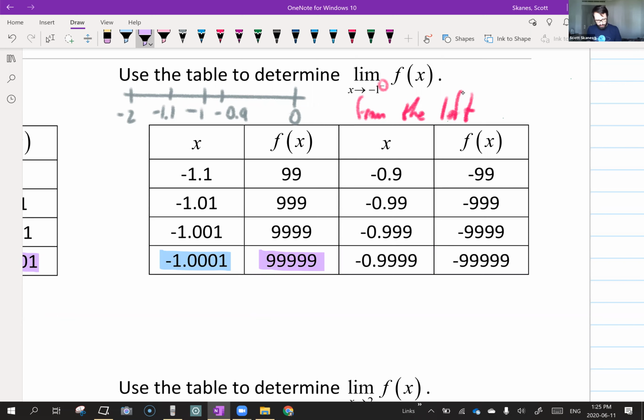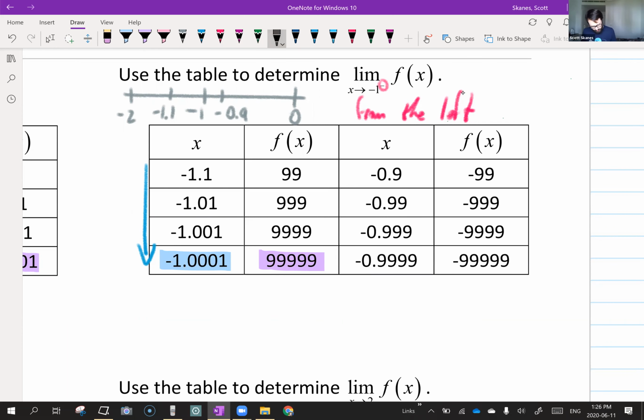If we continued the pattern, if this kept going, it would be 999999999999999999999 forever. Bigger, bigger, bigger, bigger, bigger. Put that number in your calculator. It's massive. It goes to infinity.